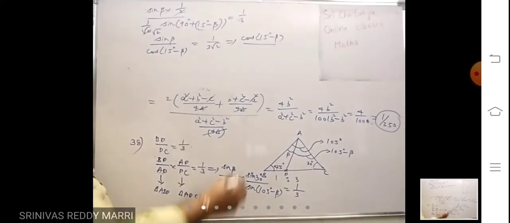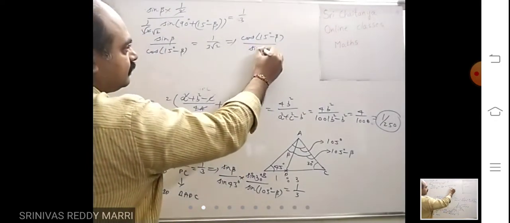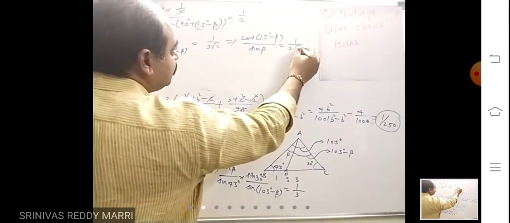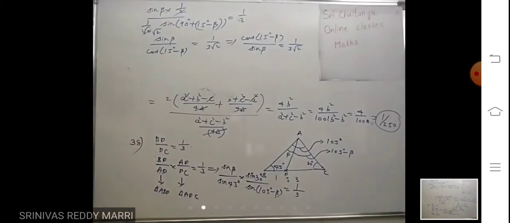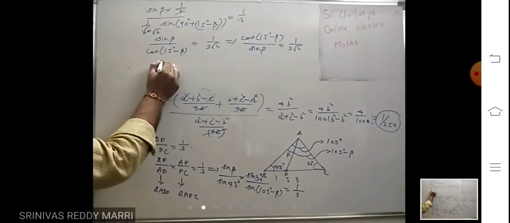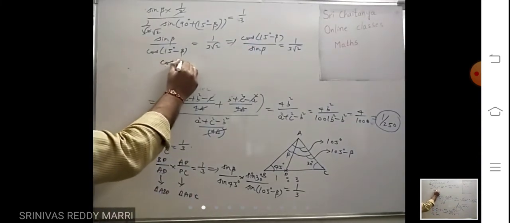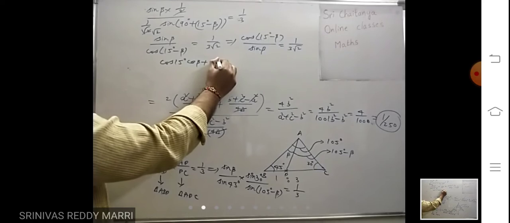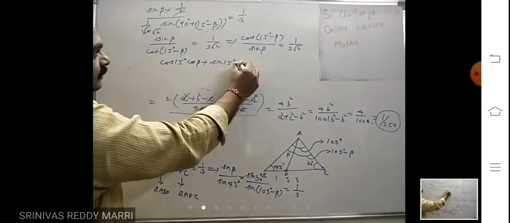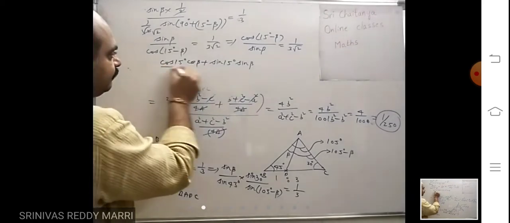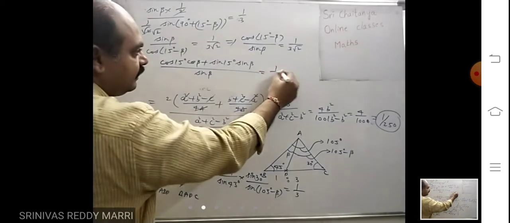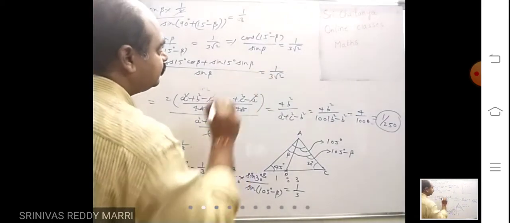My target is to calculate cot beta. Sin beta equals 1 by 3 root 2. Now cos of A minus B is cos 15 cos beta plus sin 15 sin beta, divided by sin beta, equal to 1 by 3 root 2.